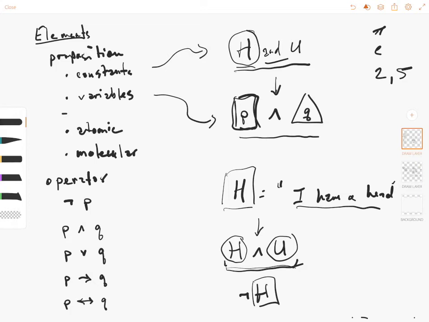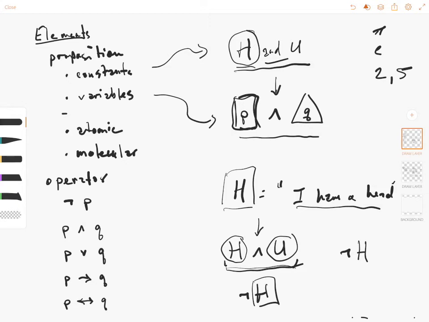That corresponds to the English sentence, it's not the case that I have a headache, or more colloquially, I don't have a headache. The thing to notice here is that even a proposition like I don't have a headache is in a sense molecular, because it can be analyzed into a negation operation plus a simple assertion about the world, an atomic proposition. And that's how we want to think about it.